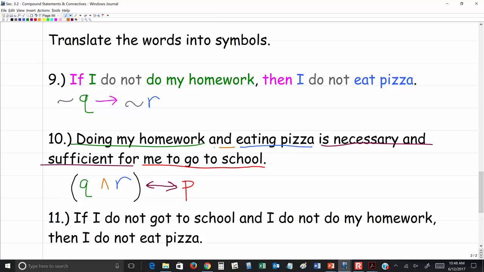Not necessarily. Pretty much any time you have more than 2 statements, you're going to have parentheses around something. What the statement is saying is that both of these things are necessary and sufficient for this.